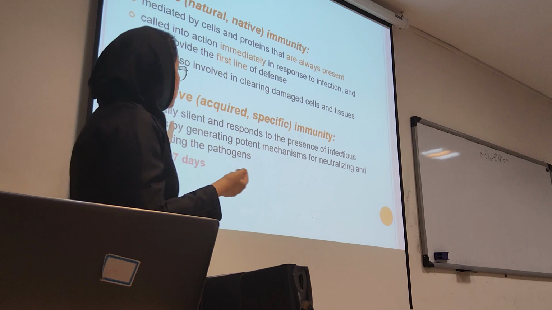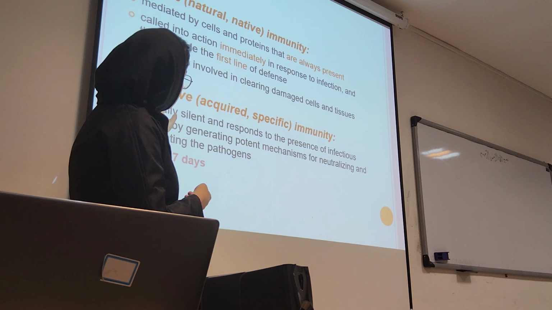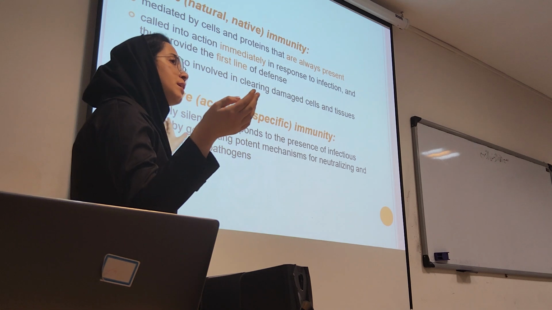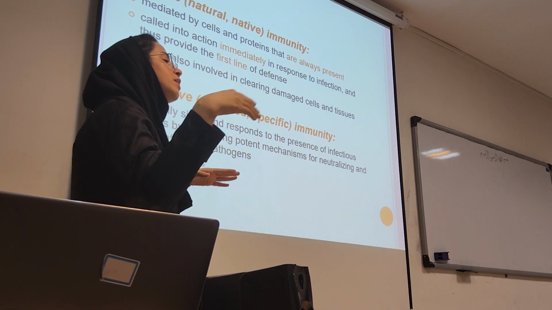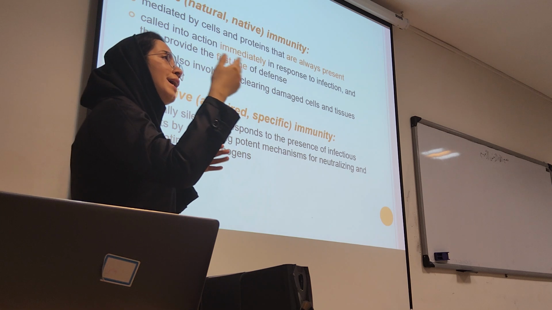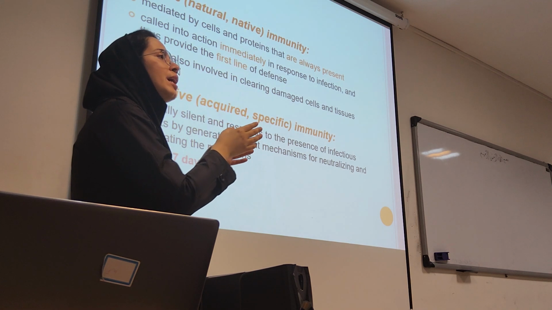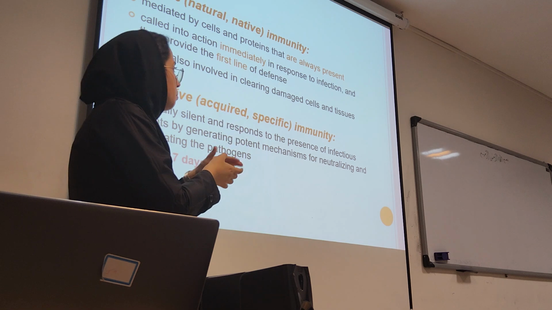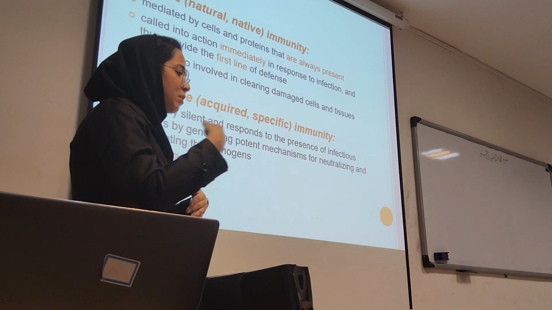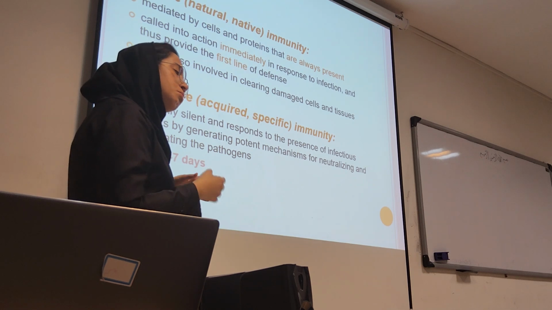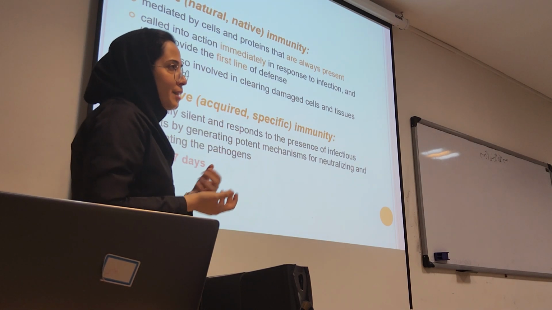And as you recall from the chapter on inflammation, they are not only active against microorganisms, but also active in clearing the damaged tissue, for example, the necrotic tissue. But when we are talking about the immune system in this chapter, we are mostly talking about infectious agents.